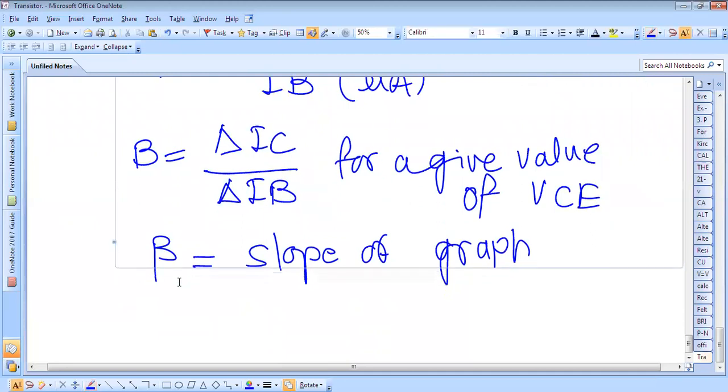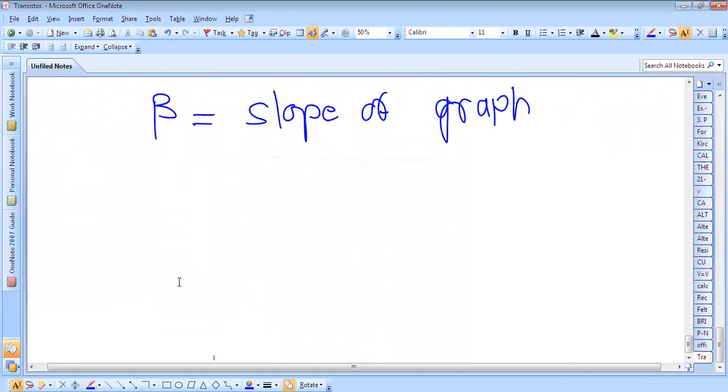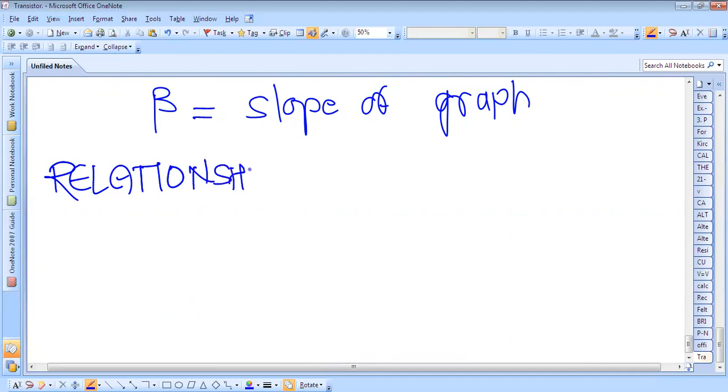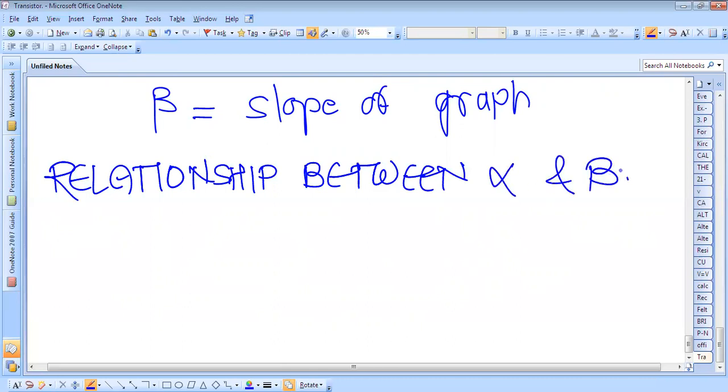Now we'll see the relationship between alpha and beta. Alpha is also a current amplification factor, for the common base circuit. So the relationship between alpha and beta: alpha is the current amplification factor for the common base circuit, and beta is the current amplification factor for the common emitter circuit.